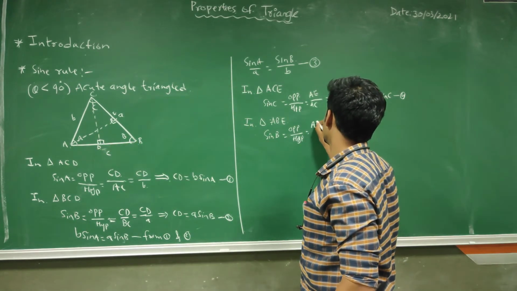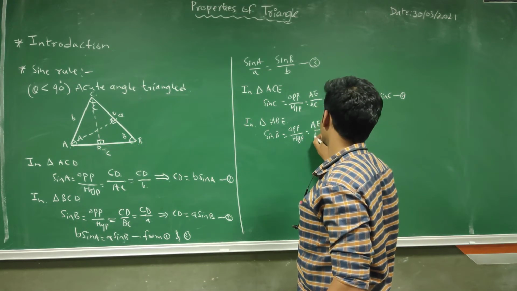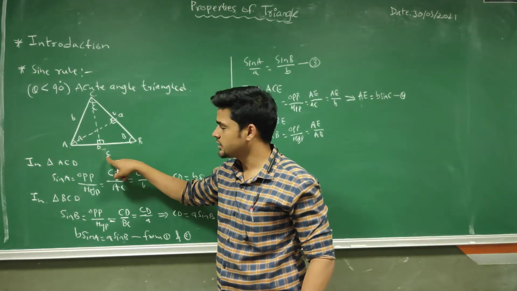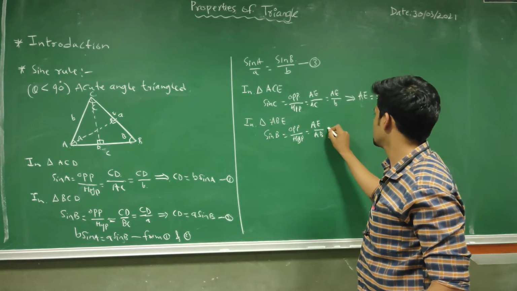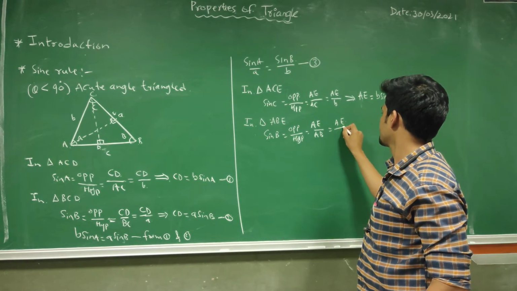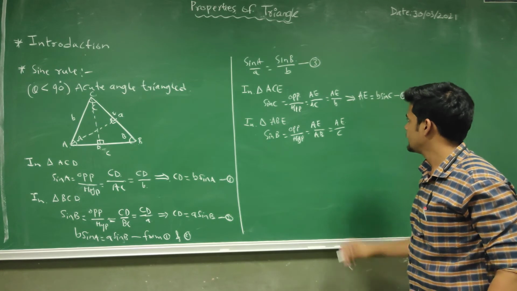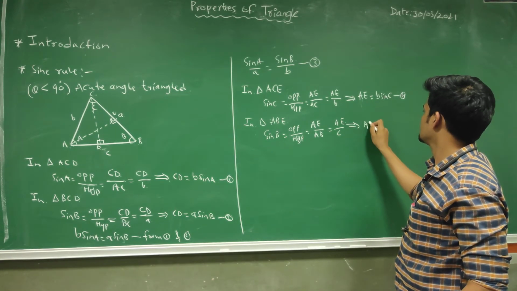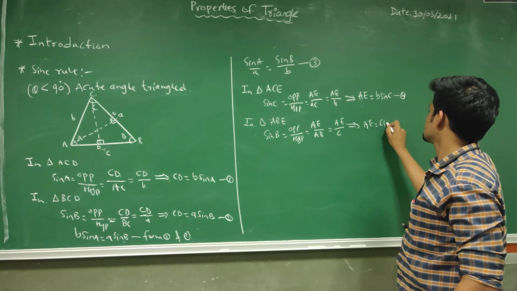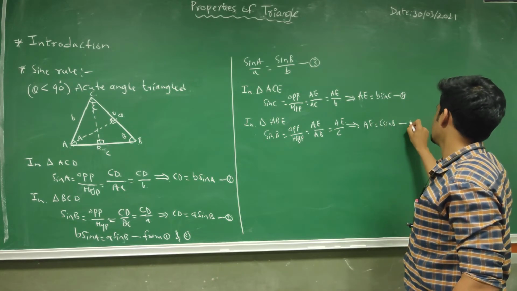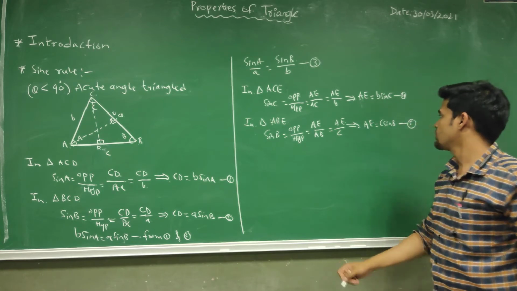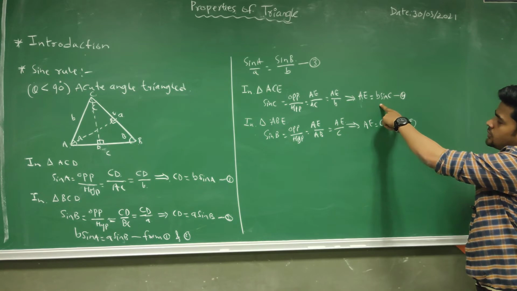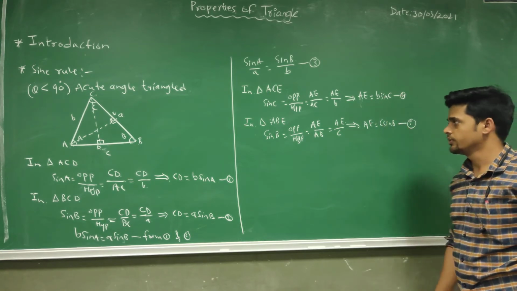So AE by AB, and I can write AB is nothing but c. So AE by c. So I can conclude that AE is equal to c sin B. Let's take equation number 5. So from equation number 4 and 5, I am able to write that these two equations are equal.